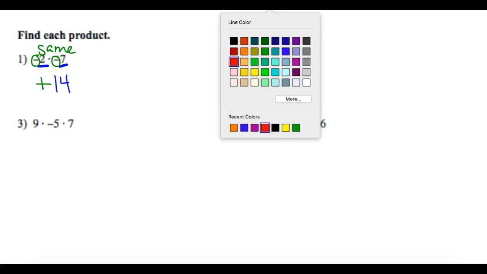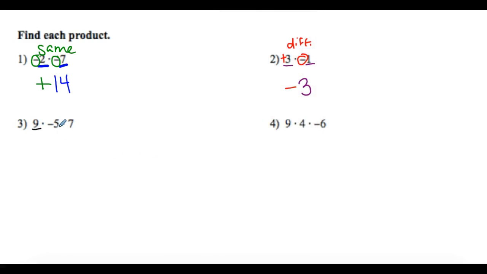If I have 3 signs, I can go ahead and do this step by step, just like we have been. So I'm going to do 9 times 5. 9 times 5 is 45. If I have a positive and a negative, those are different, which makes this negative. Then I'm going to multiply that by 7.